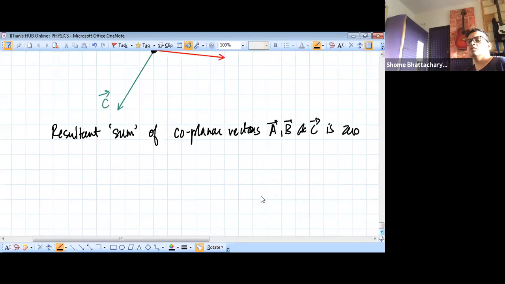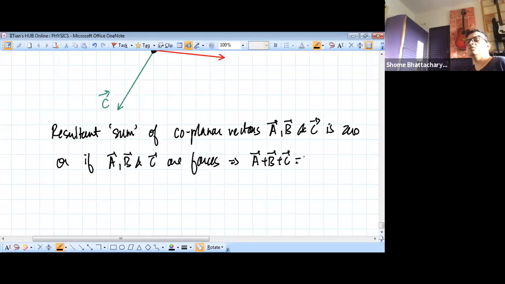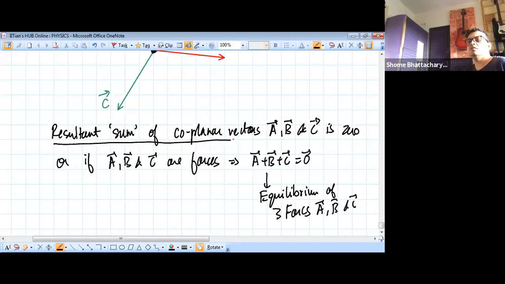Or if E, B, and C are forces, the resultant sum being 0 means that there is equilibrium of the three forces E, B, and C.